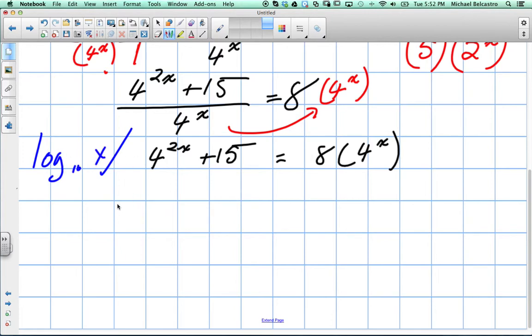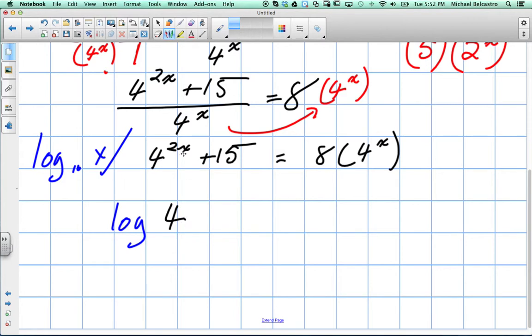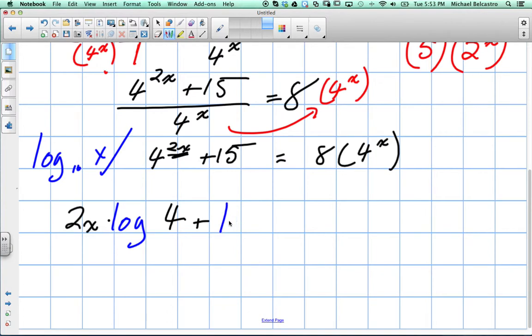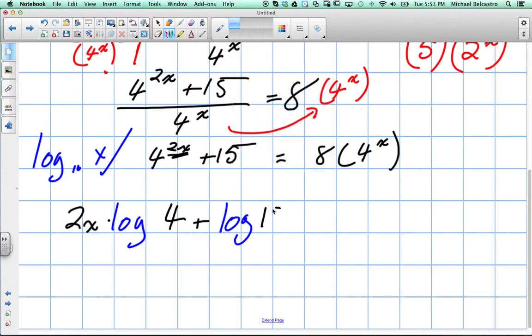So the idea is I'll then get log, and I don't have to write the base 10 in, of 4^(2x), and what that allows is for the exponent to come down in front of the log. So we get 2x times log 4, plus log 15, just a number alone. On the right side, because it's a product, when I find the log of these two multiplied together, I can split that.